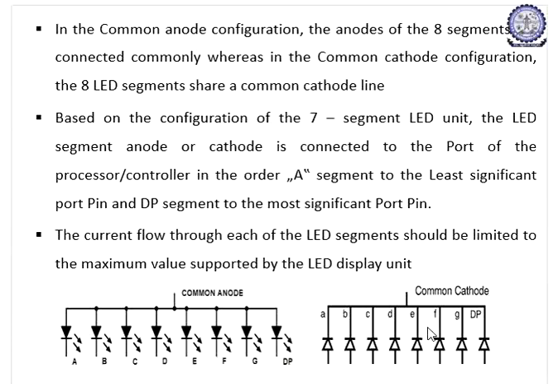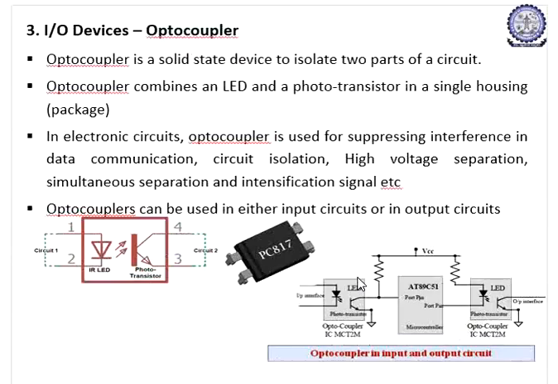Now let us move to the next slide. The third kind of I/O device is the optocoupler. The optocoupler is used to isolate two circuits. In the diagram, there is an IR LED, an infrared LED, and a phototransistor. Here there are 2 circuits, named circuit 1 and circuit 2.